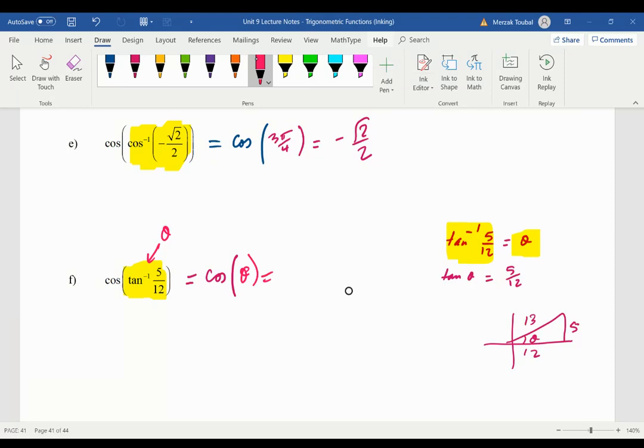Cosine is adjacent, which is 12, over hypotenuse, which is 13. Okay, let's redo this. So it's 12 over 13. So cosine of theta is 12 over 13. That's the answer.